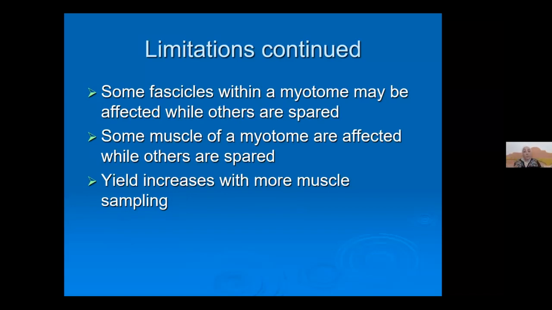So I have to be a little bit generous with my muscle sampling, keeping into consideration the toleration of the patient. It's a painful thing, of course, and the time of the examination and the cost have to be kept in mind, but we have to know that it's not always easy.